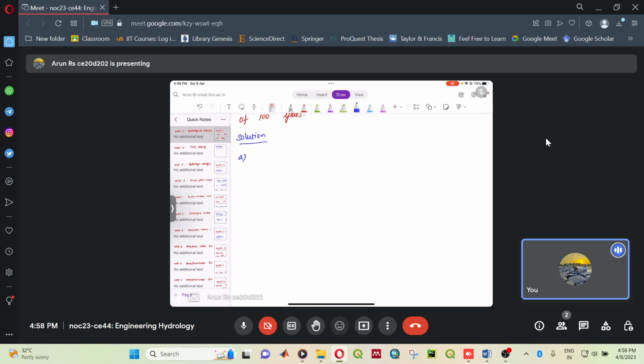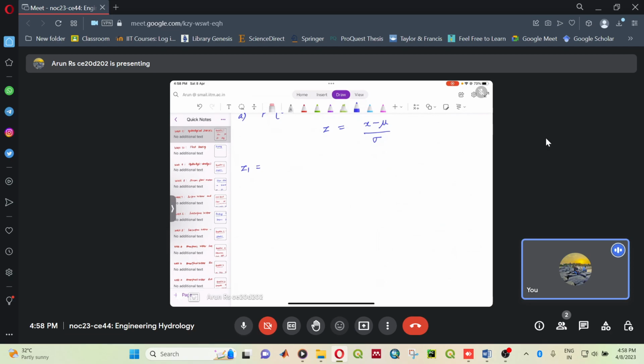For the first question, we are asked to estimate what is the probability of flood being between 6000 to 7000. The next step is to find out the standard normal variate. So here we are applying a transformation, that is x minus mu divided by sigma. So we'll find Z1 and Z2.